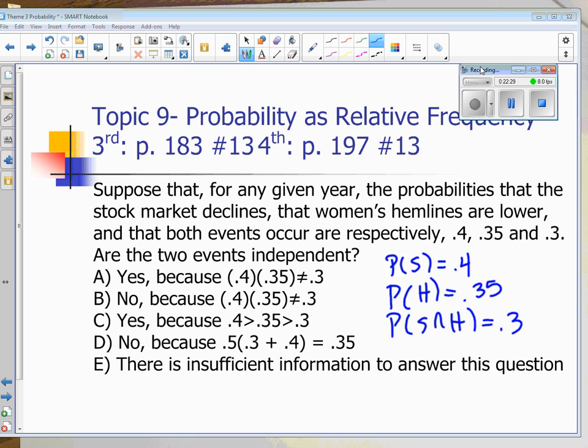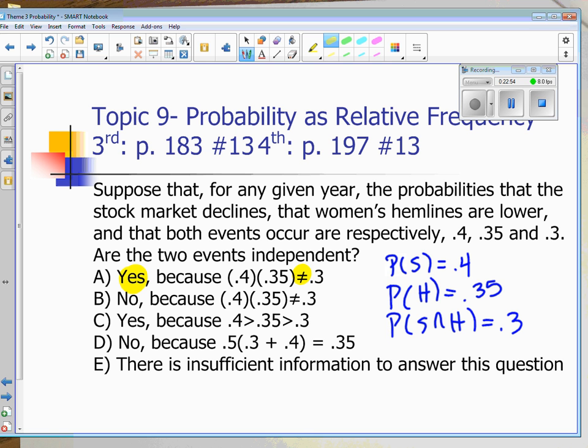Even if you didn't know independence, you can look at the answers first to eliminate one. What could you eliminate right away? When you're looking for independence, you're looking for what's equal, so you know it's not A, because it's saying something is not equal. He's exactly right. These two contradict each other: yes and not equal.